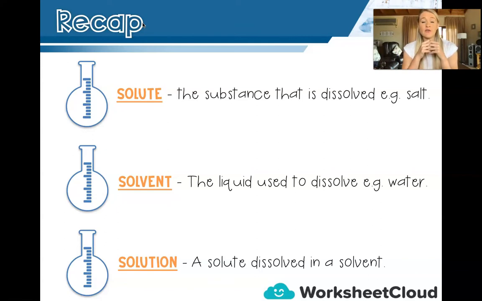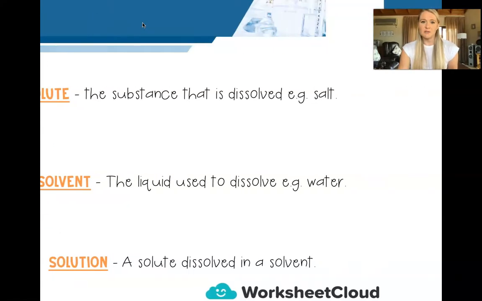So out of all the terminology in this lesson, these three are some of the most important. So continually talk about it. Whenever you're describing anything, I want you to say to yourself, the solute does this, the solvent does this, together solution. Remember, talk science all the time to familiarize yourself and to be comfortable and confident within the subject.